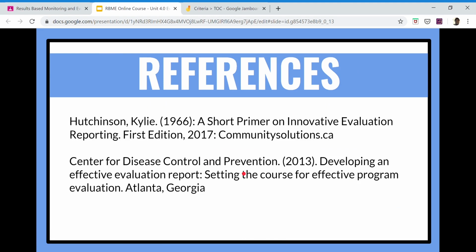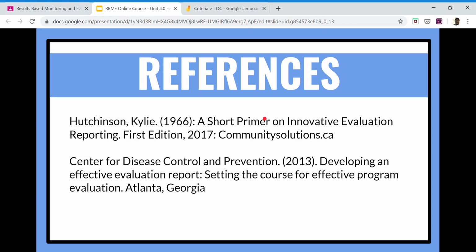One important book you should actually take a look at is a short primer on innovative evaluation reporting. I do highly recommend this, especially for young evaluators. It's very important. It tells you everything about reporting. So you can also know that reporting is not only your evaluation report.